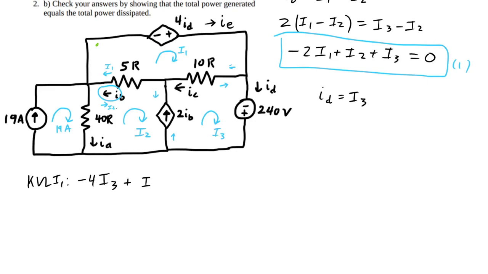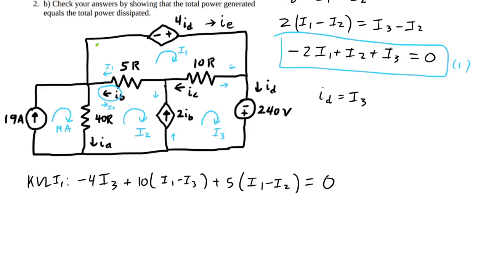So we scratch that out. 10 I1 minus I3 plus 5 times, see, I1 is going that direction, I2 is going opposite, so going this direction minus that, and that all equals 0 because we closed that loop.